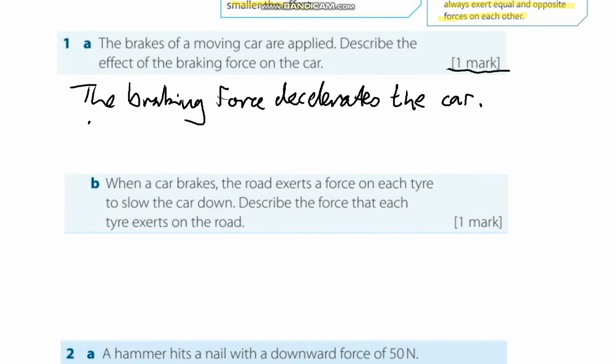When a car brakes, the road exerts a force on each tyre to slow the car down. Describe the force that each tyre exerts on the road. So the key things to say about this is that the force is equal and opposite.